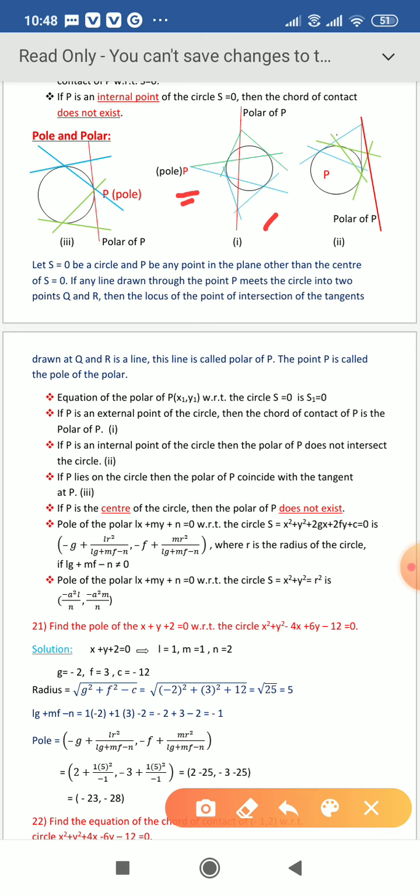From this P, we draw two secant lines, one in green color and another in blue color. First you observe the green secant line. This secant line cuts the circle at two points.